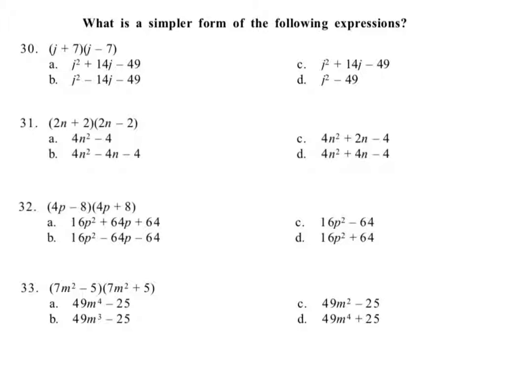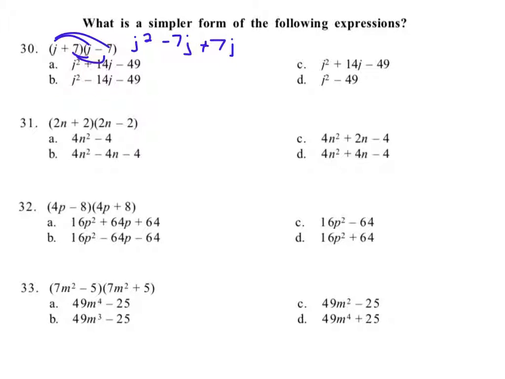I'm going to do this the long way, and then I'm going to do the shortcut for all the rest of them. Okay? So what we got here is we say first, j times j is j squared. Outer, j times negative 7 is negative 7j. Inner, positive 7 times j is positive 7j.